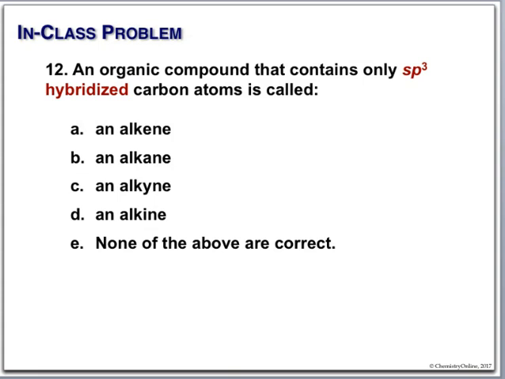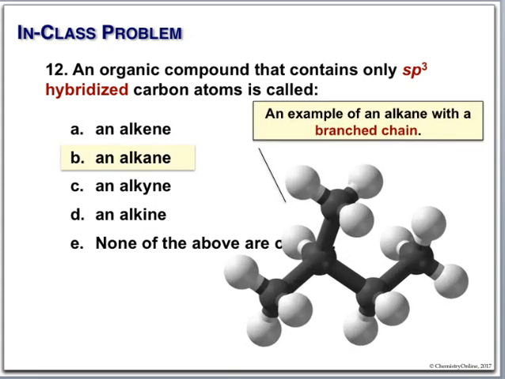Clearly, that is B, the alkane. This is the branched chain alkane. Again, we can have branches going everywhere, but every carbon is tetrahedral, every carbon is sp3 hybridized, and we only have single bonds. Any questions?